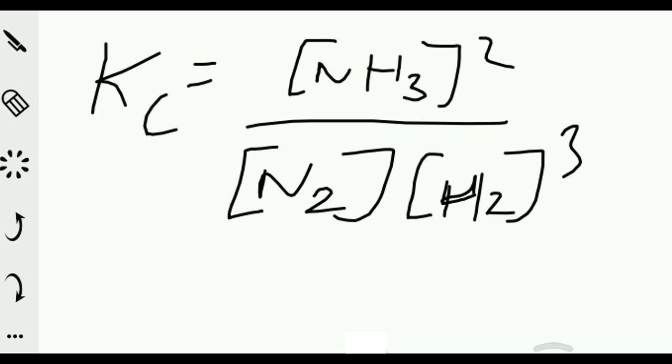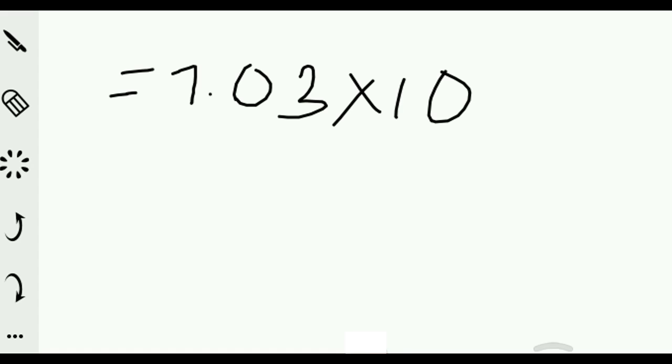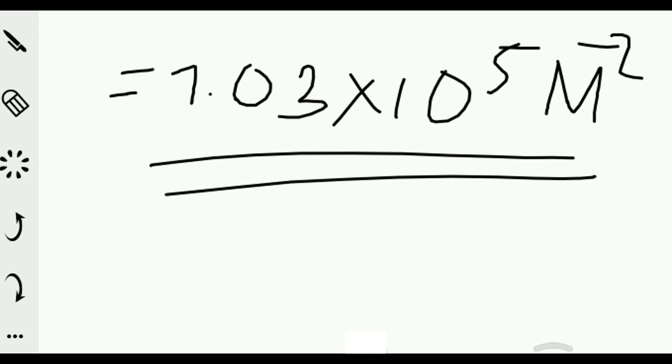When we substitute the values, we get 7.03 into 10 power 5 M raised to minus 2. The unit may differ according to the number of reactants and products we have.